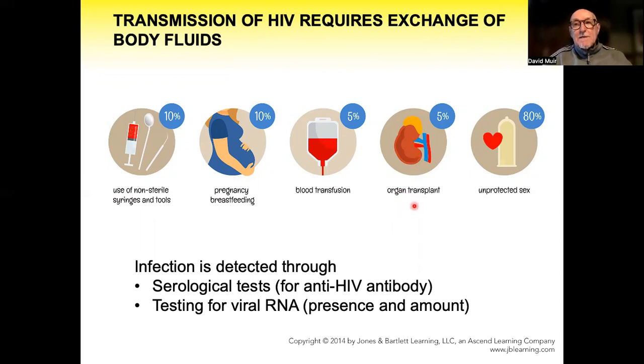Organ transplants also spread it, but the most important vehicle of all was unprotected sex. Sexual transmission was, and still is, a very, very important factor. Now, one thing to be said about this. Here in the Western world, in the United States, Europe, people are used to thinking of HIV as being a gay disease.